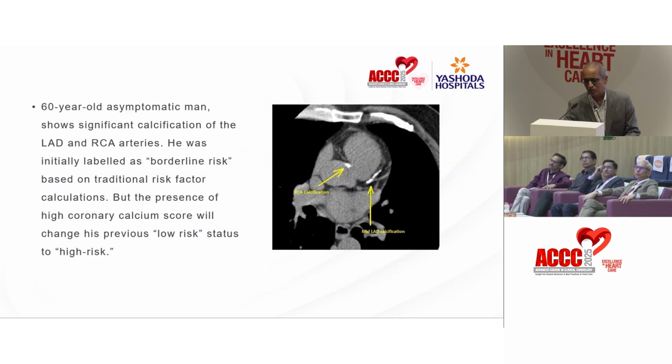So this is a 60-year-old asymptomatic man with significant calcification of the LAD and the RCA. He had a borderline risk at clinical evaluation, but the presence of high coronary calcium in this particular patient would upscale him from a low risk to a high risk status and would warrant medication appropriately.